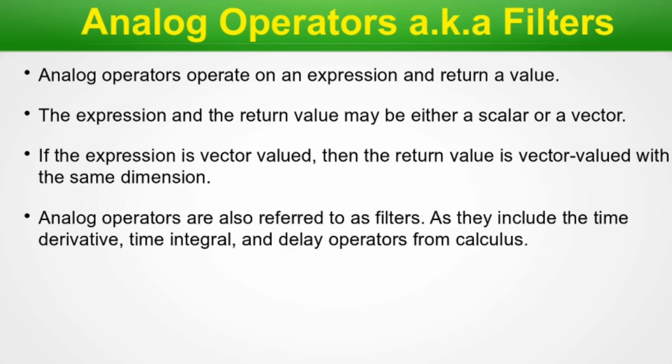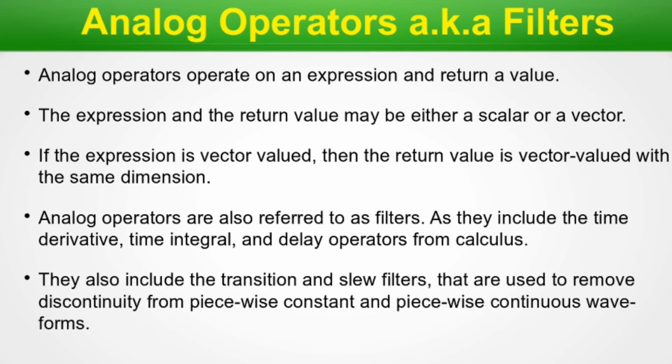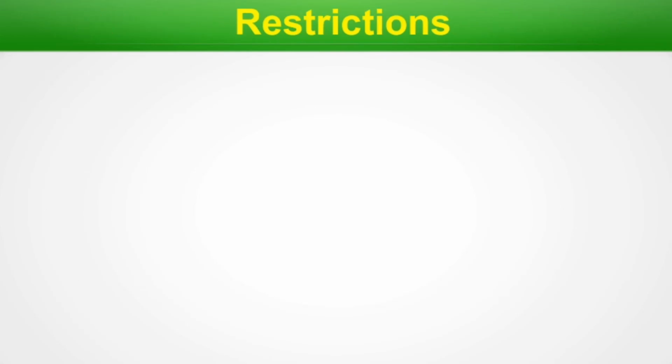Analog operators are also referred to as filters as they include the time derivative, time integral, and delay operators from calculus. They also include transition and slew filters that are used to remove the discontinuity from piecewise constant and piecewise continuous waveforms. So these are from digital, right? So they will be converted to an analog one with these transition or slew filters.